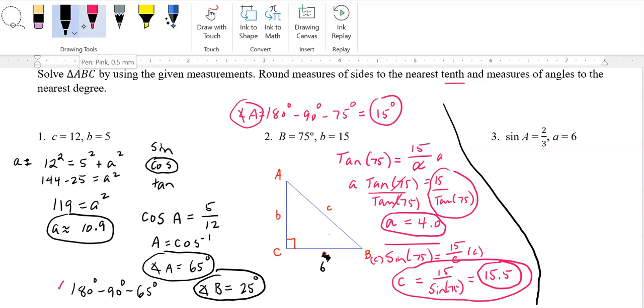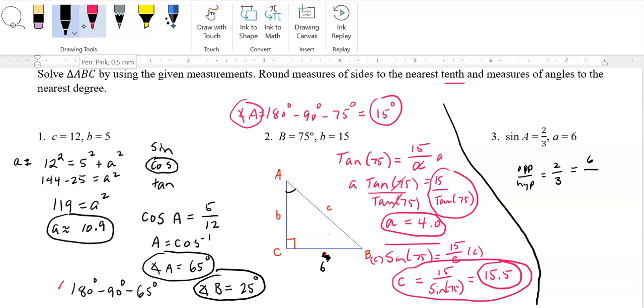And then you're told that sine A, okay, so here's the A angle, you're told sine, which is opposite over hypotenuse, is 2/3. Okay, opposite over hypotenuse is 2/3, but you're already told that the opposite is 6.